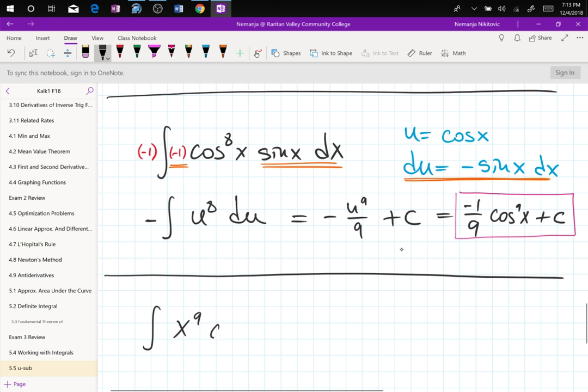Next, the integral of x to the 9 cosine of x to the 10 dx.